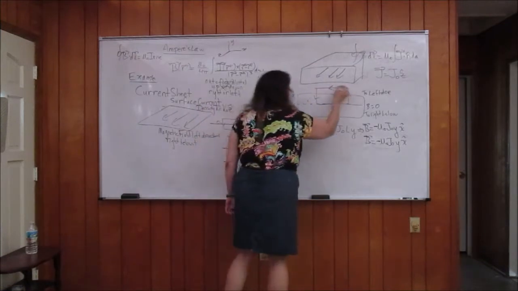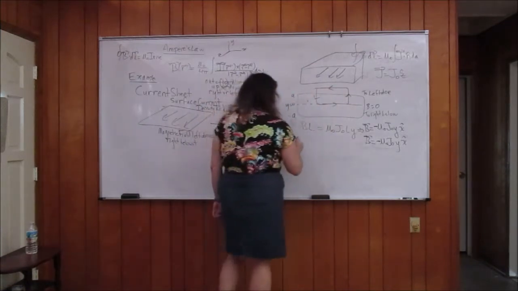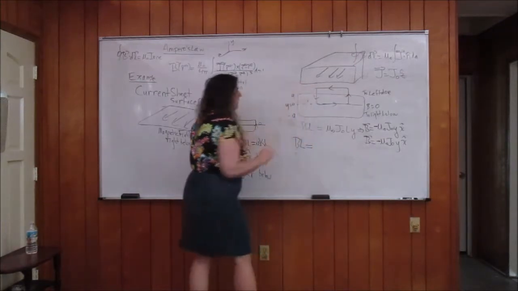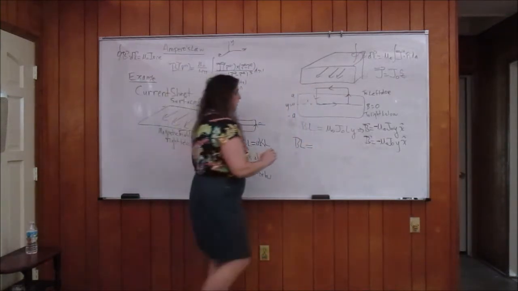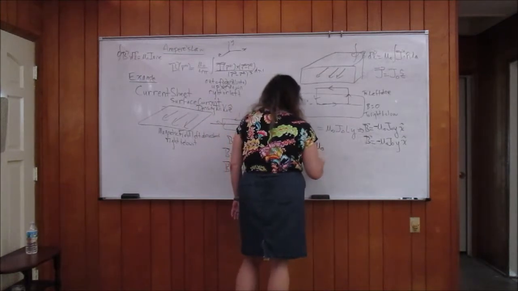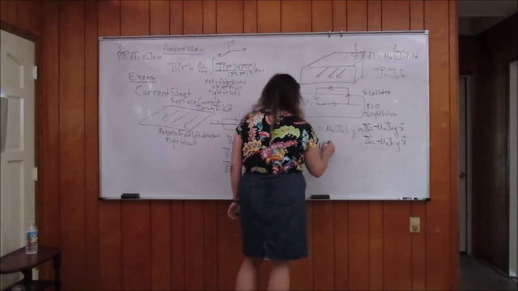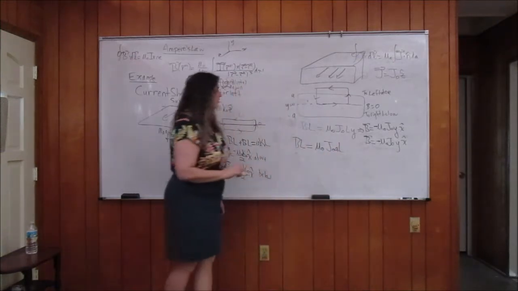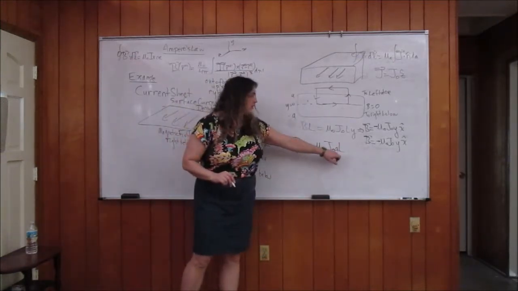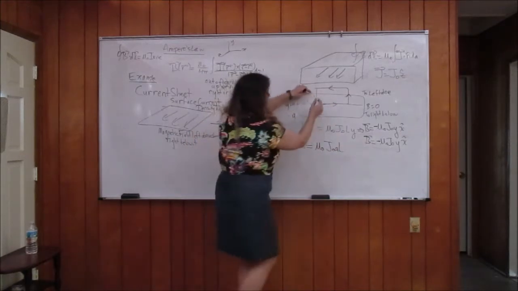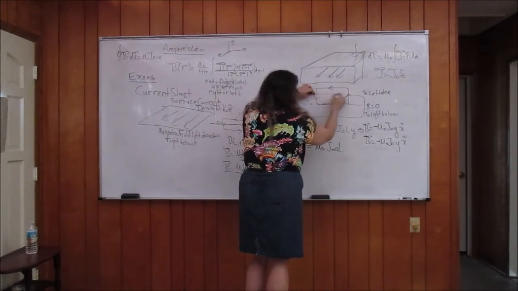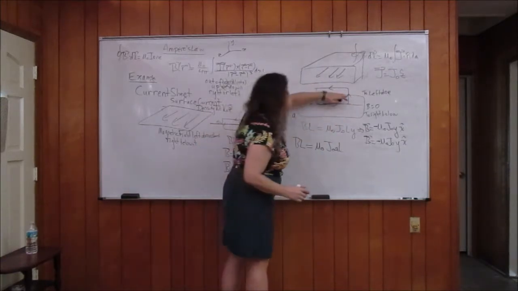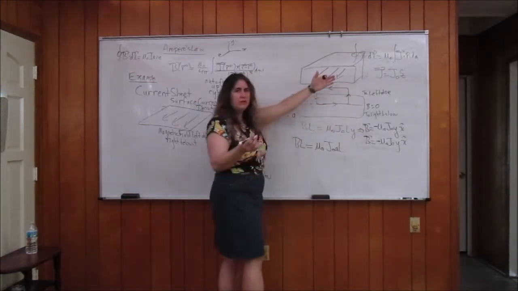I'm only left with this portion of the loop. So that's B times L, and mu naught times the total amount of current enclosed. Well, the total amount of current enclosed is going to be J naught times the area of the slab that's within this loop. So any portion above this contributes nothing because the current vanishes there.